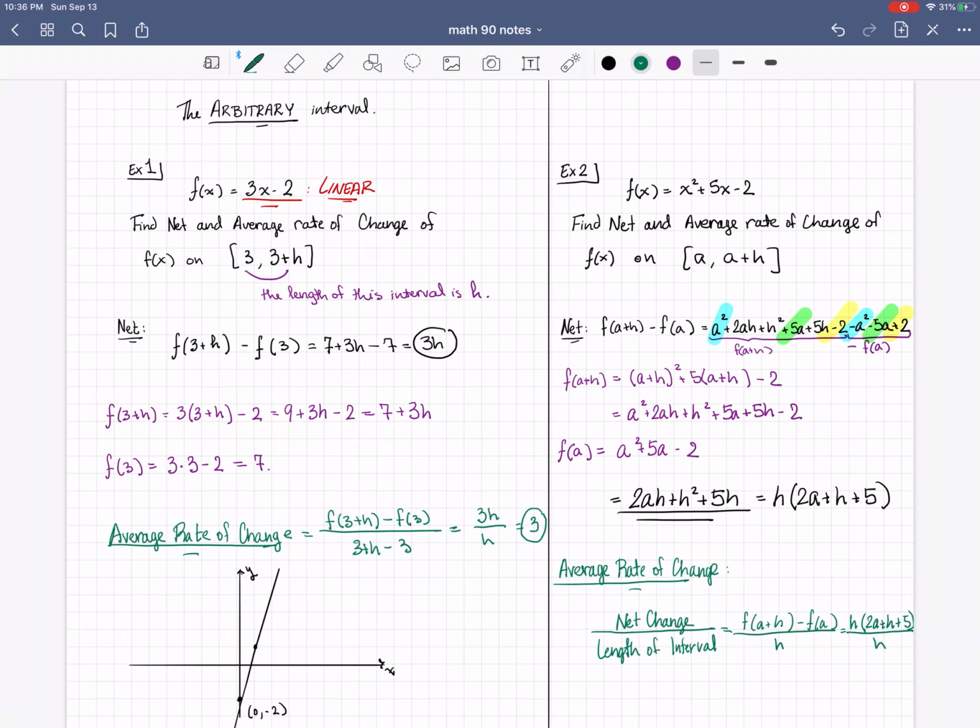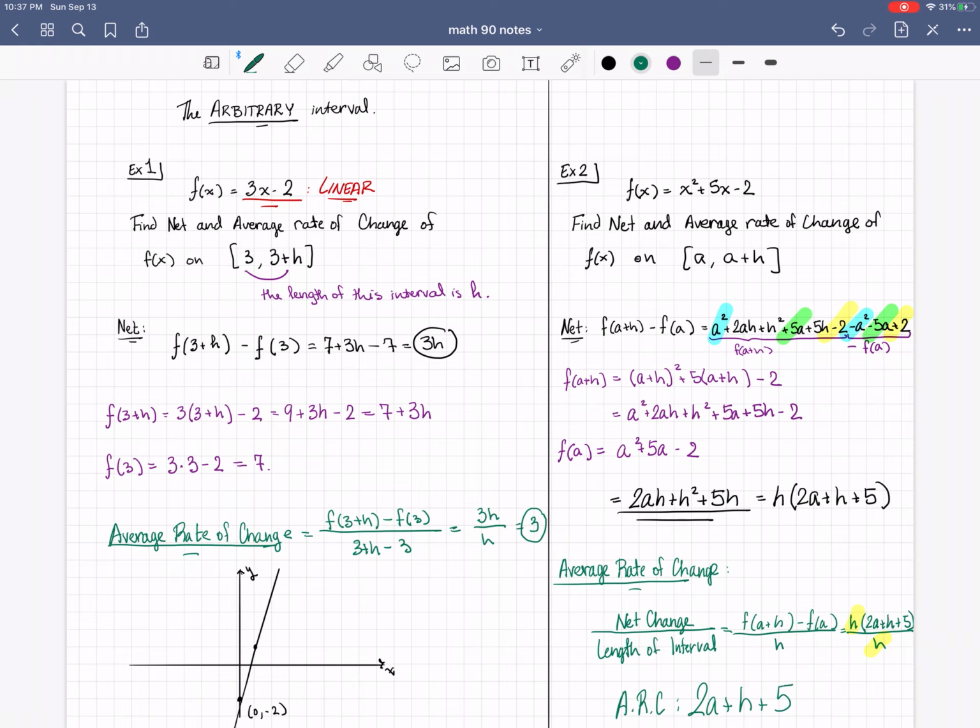We have an h in the numerator, and we have an h in the denominator, and they will reduce off. So the average rate of change is 2a plus h plus 5.